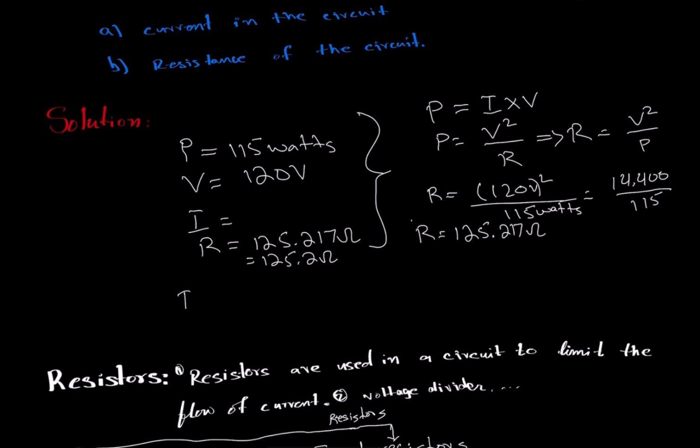So I is equal to P over V. P is 115 and voltage is 120. 115 divided by 120 will give us 0.958, so we'll round it to approximately 0.96 amp. So that's how we solve it.